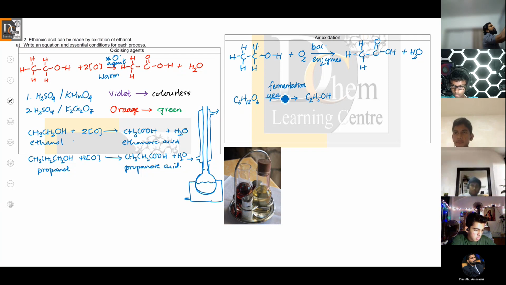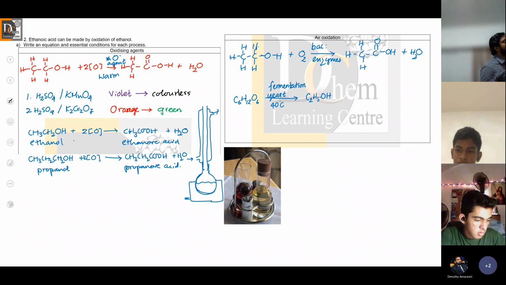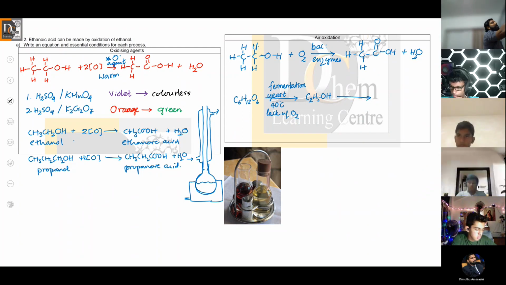We put yeast, keep temperatures around 30 to 40 degrees, and anaerobic conditions, lack of oxygen. Then we give oxygen, right? In the presence of oxygen and airborne bacteria, that will be converted to what? Ethanoic acid.